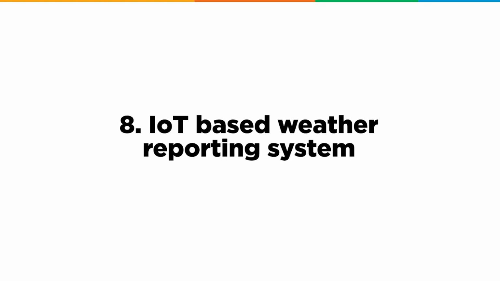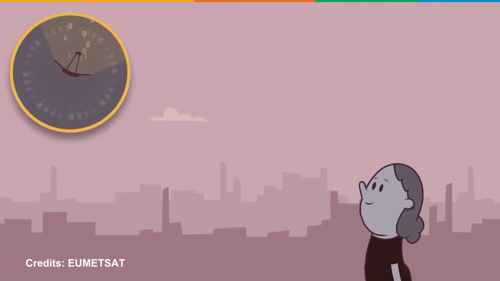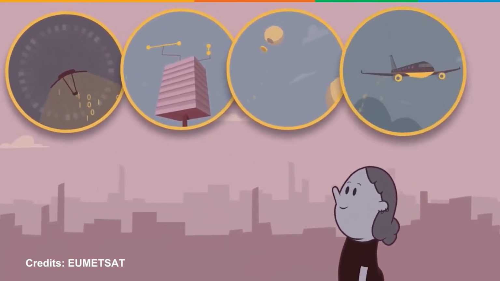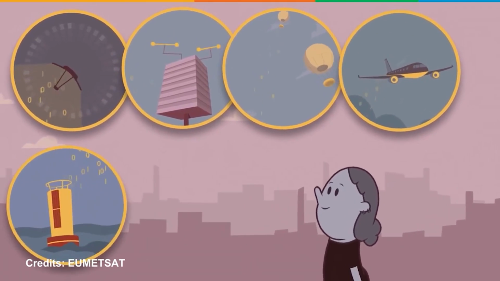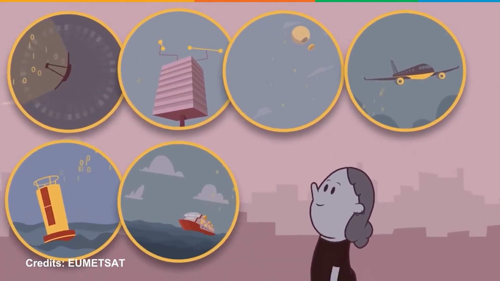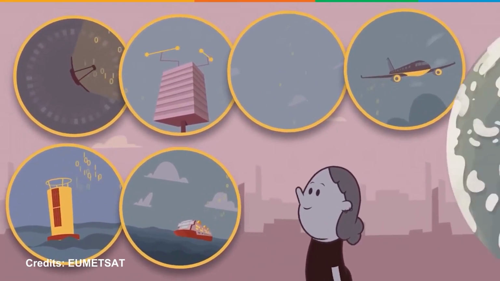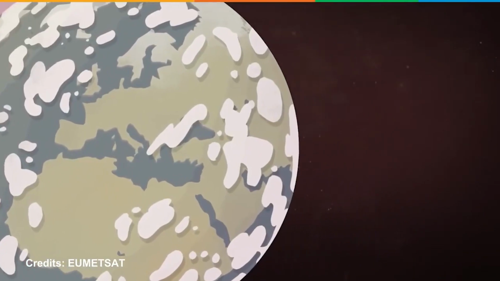Moving on, at number 8, we have IoT-based weather reporting system. Now the system deals with monitoring weather and climate changes like humidity, temperature, moisture, wind speed, UV radiation, light intensity, and even carbon monoxide levels in the air using multiple sensors.